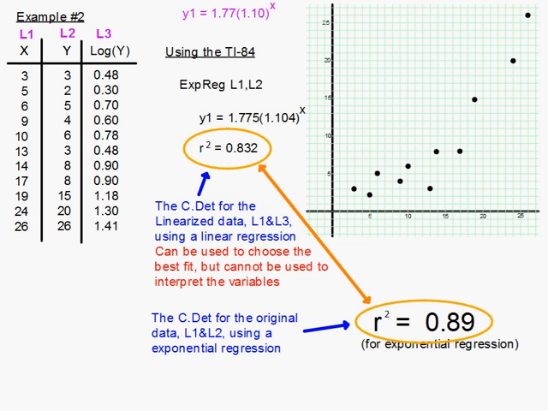But you can't use it to do that interpretation, whereas the coefficient of determination based on the original data can be used to choose the best fit and can be used to interpret all the variables. So really, the one that uses the original data is better, because you pretty much always want to interpret at the end. If you're given an abstract question where you don't have any context, then I suppose using the regression one would be fine.